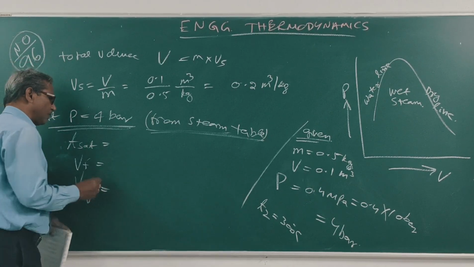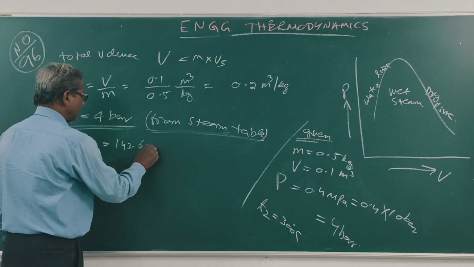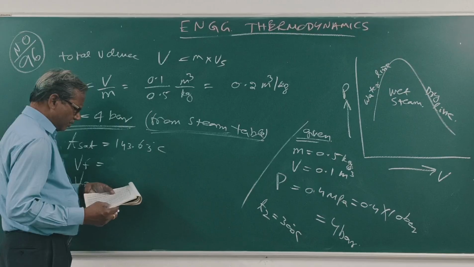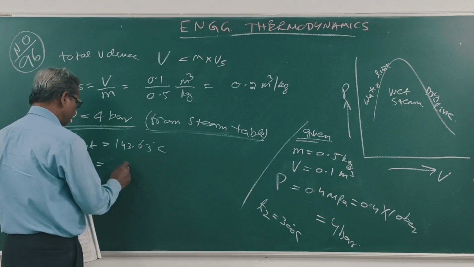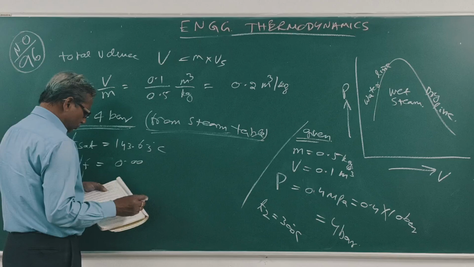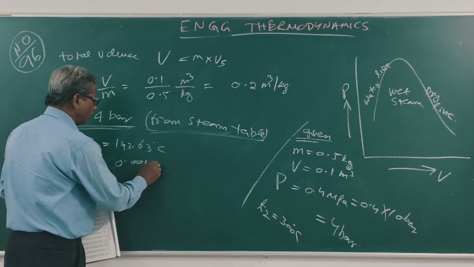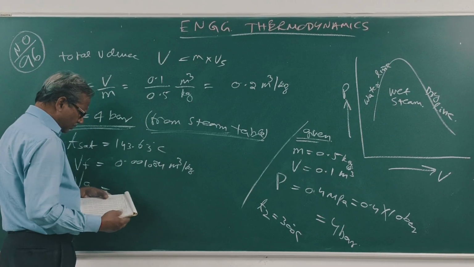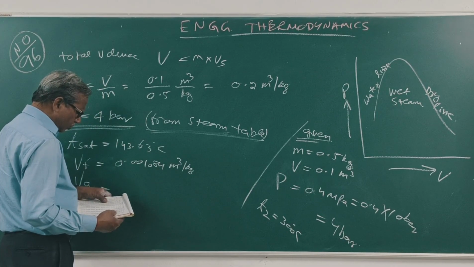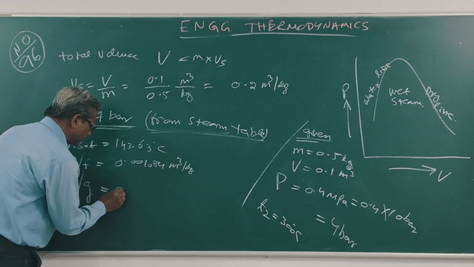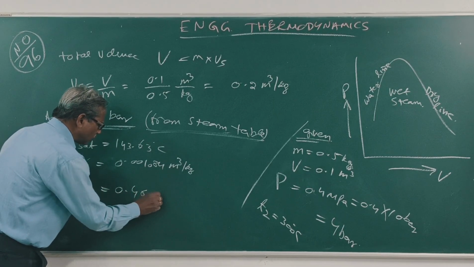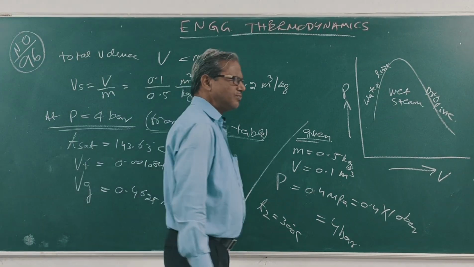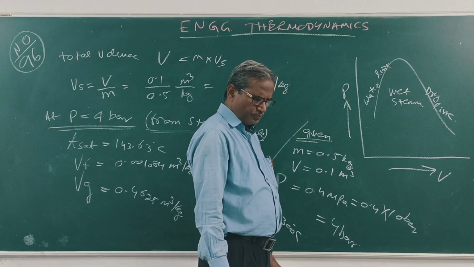Similarly, vf is 0.001084 meter cube per kg, and vg is equal to 0.4625 meter cube per kg. Clear?